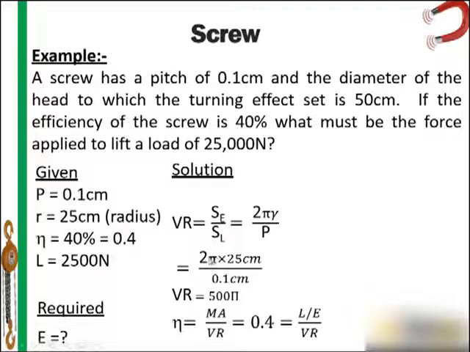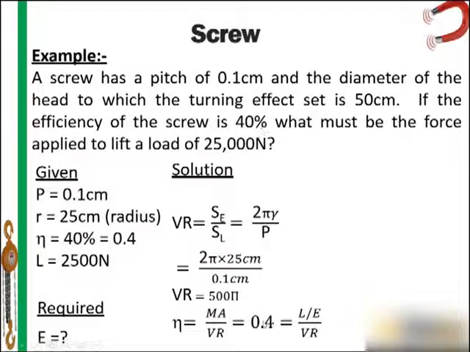Let's not work out the value of pi yet. We'll just keep it as pi, and we'll work it out later on. Now, the efficiency is equal to the mechanical advantage divided by the velocity ratio. And remember, we've determined what the velocity ratio is. It's 500 pi. The value of the efficiency is given in the question as 40%.